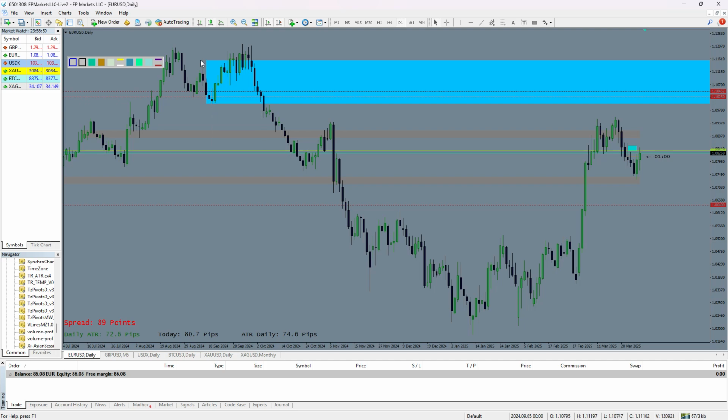But if it is going to work, usually we shouldn't see the price going over 50% of the breaker. I believe 50% of the breaker is an area around the open of this candle here. So that would be the fine-tuned area.